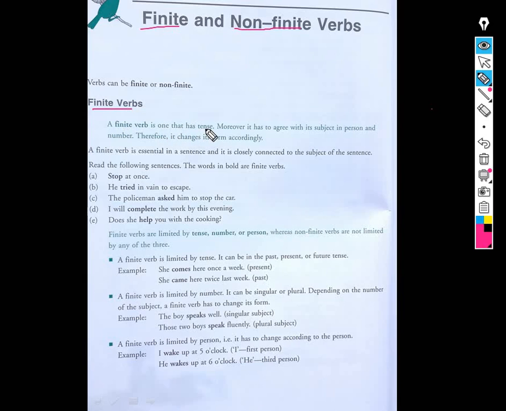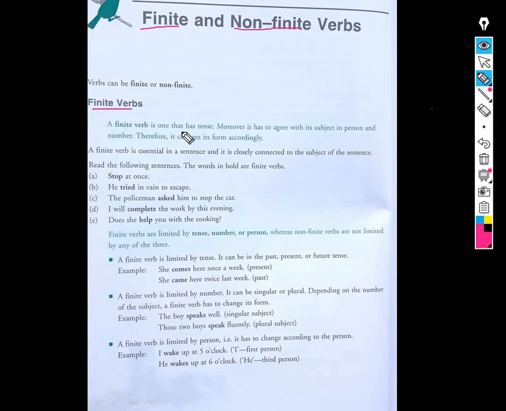First point. The verb that has tense, that has present tense, that can be converted into future, that can be converted into past tense. Such type is called finite verb. Moreover, it has to agree with its subject in person and number.